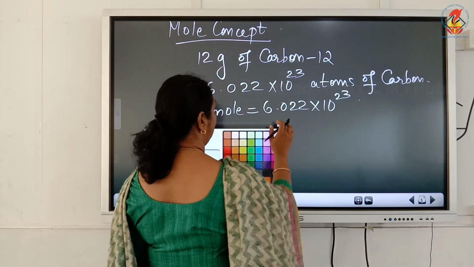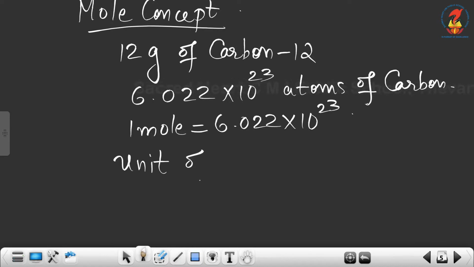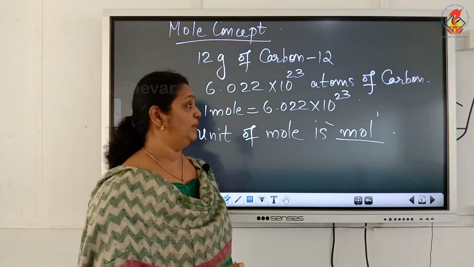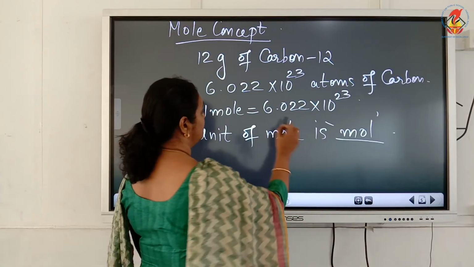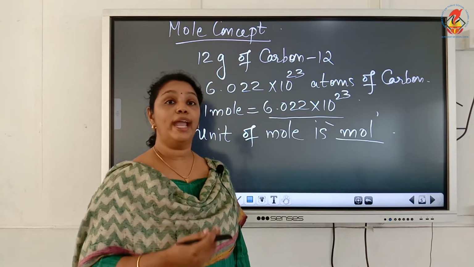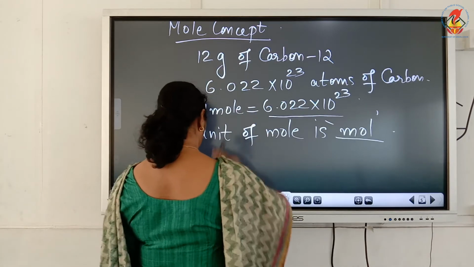We know that the unit of mole is MOL, the SI unit. Now this number, 6.022 into 10 raised to 23, is also called the Avogadro number or Avogadro constant.